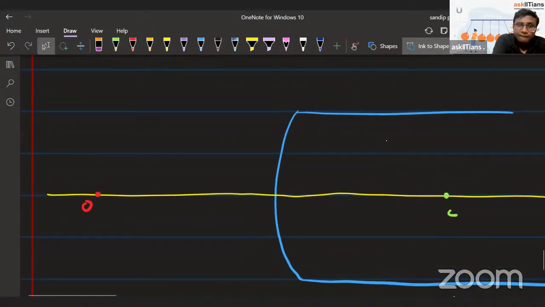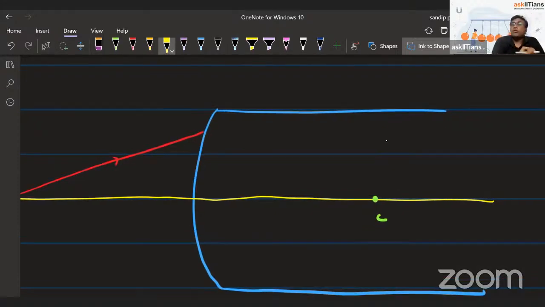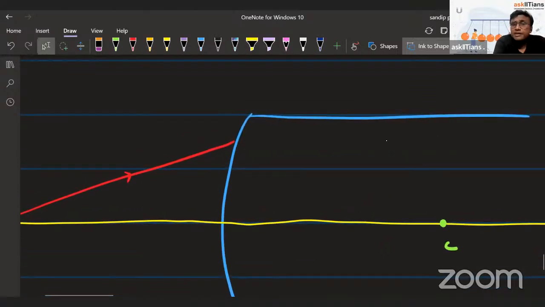Suppose any ray from this object goes here. It is going to get refracted inside this medium. So first I will need the normal for that. Always remember, for a curved surface, the normal always passes through the center of curvature.